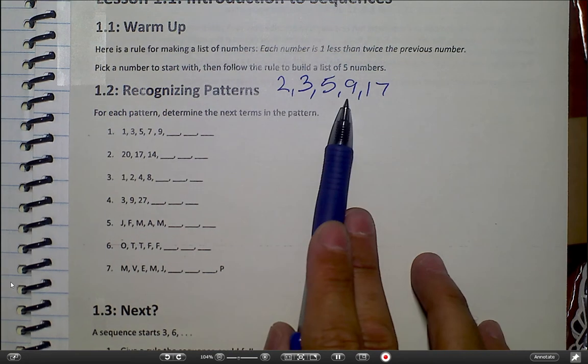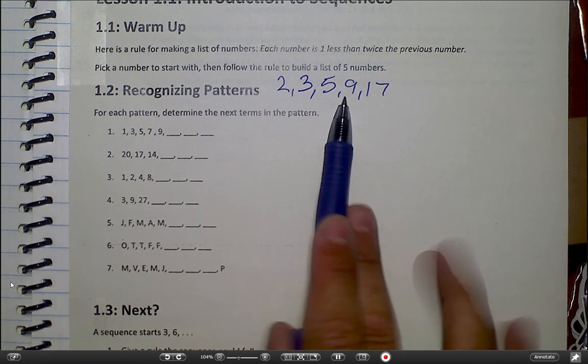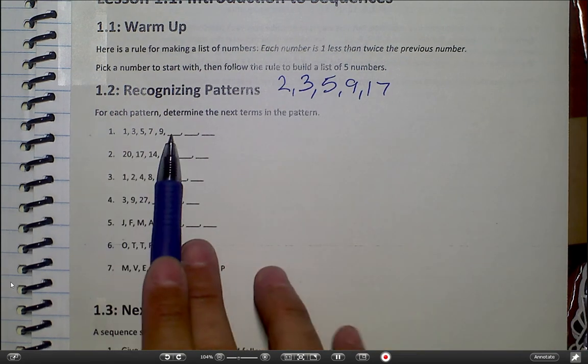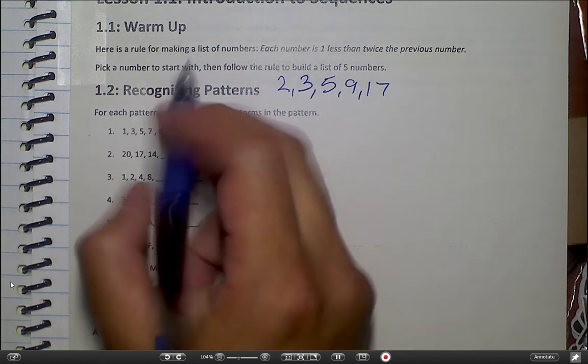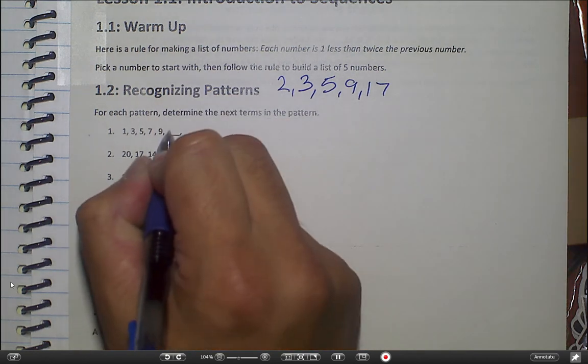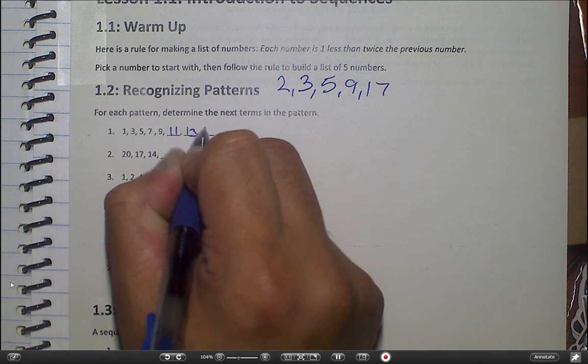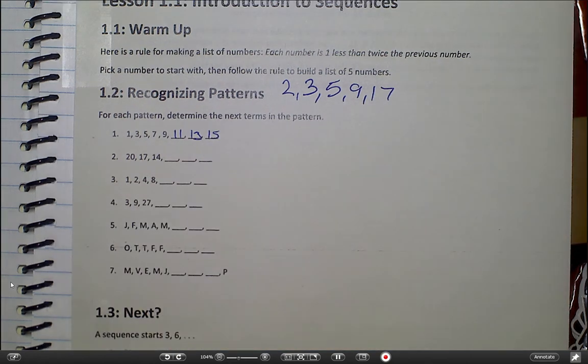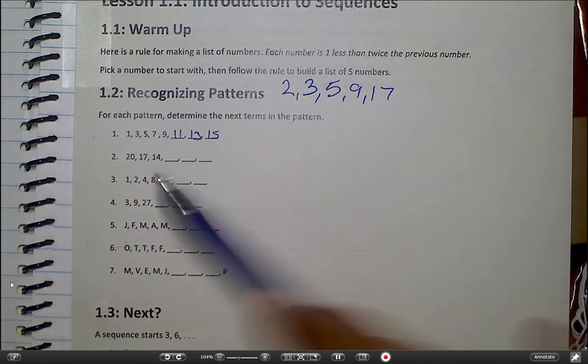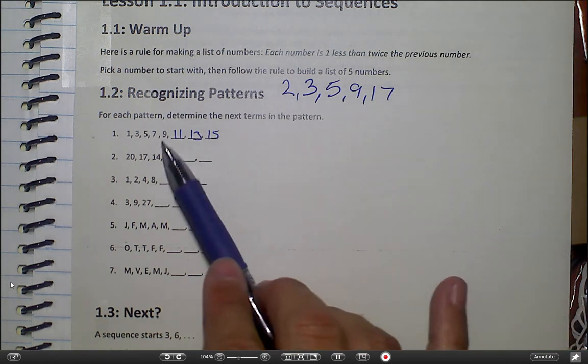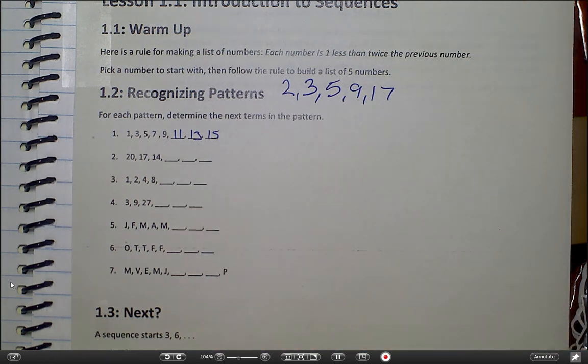Is that what you were trying to say? It's not matching this. It's odd numbers, right? Okay, so this is going to be 11, 13, and 15. Okay. So let's take a look. And for the sake of what we're doing here, how can I say what I'm doing here?